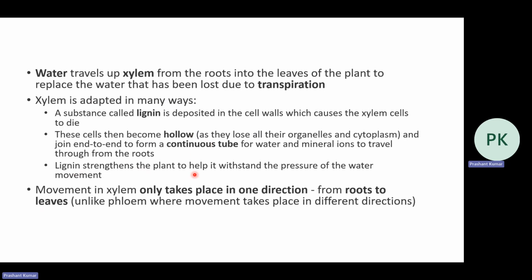The lignin present in these tubes helps to provide shape and maintain the pressure in the movement of water, right? Movement in xylem always takes place in one direction, from root to stem, from root to leaf, rarely otherwise.